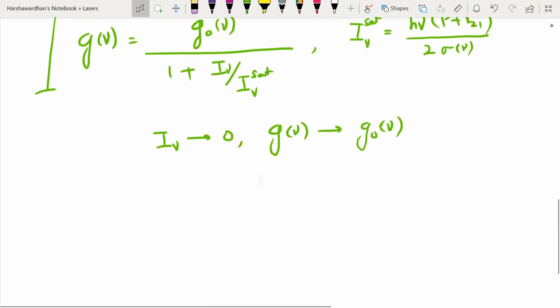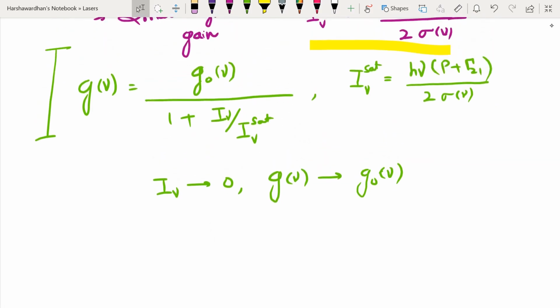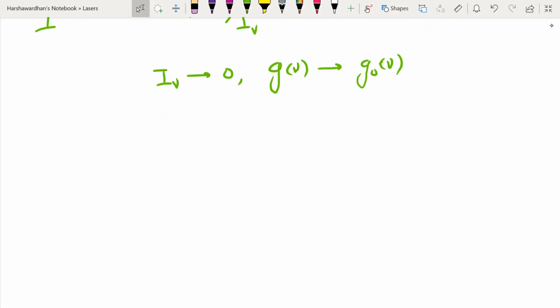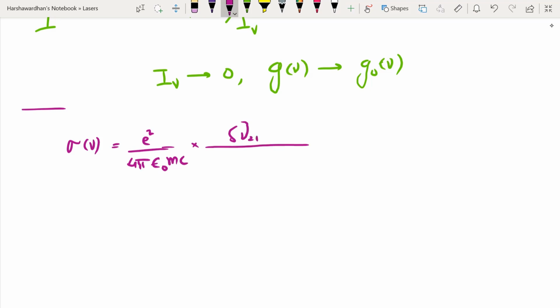So now let's look at homogeneous broadening so that we also put this frequency dependence into this gain formula. If you recall, let me just quickly write down a formula which we have of course seen earlier. For example, my sigma of nu, e square by 4 pi, I'm looking at the classical one that we got earlier, times delta nu 21, which was the line width of the Lorentzian, over nu minus nu 21 whole square plus delta nu 21 whole square.